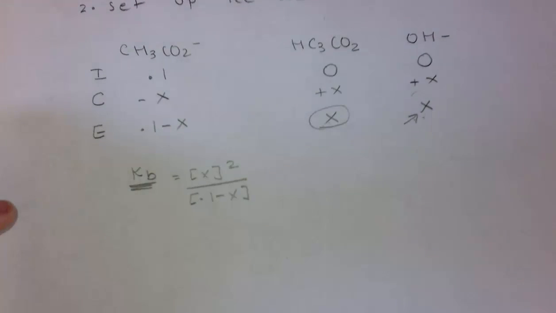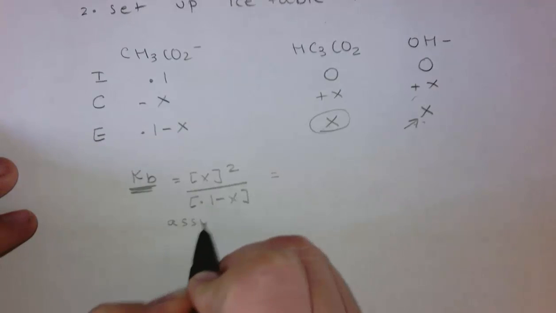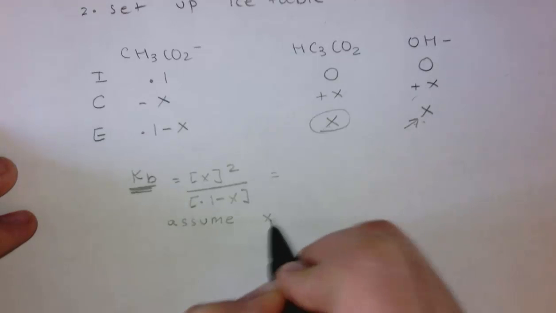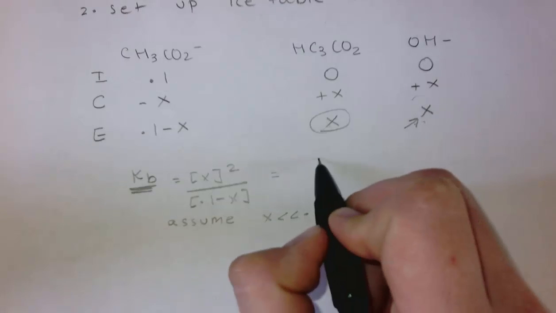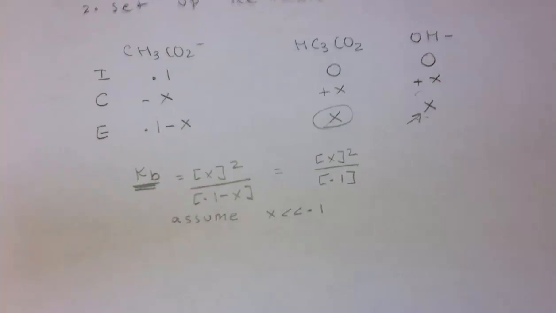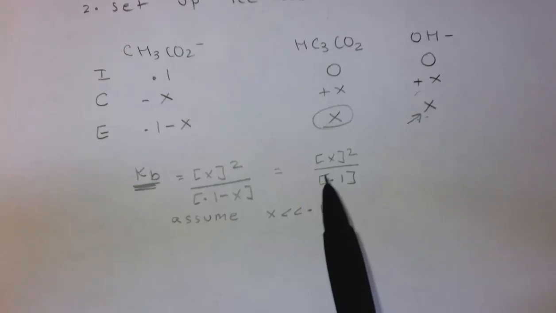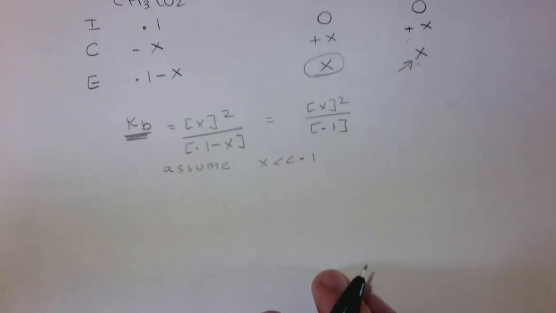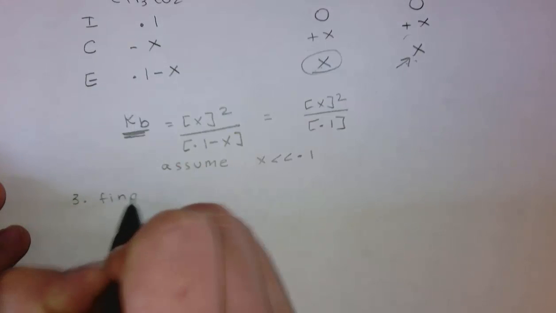And also, just a quick note, what I'm going to do is assume that x is much less than 0.1, and in that way Kb just becomes x squared over 0.1. And we always have to check that this assumption that we made is valid once we do calculate x, but this will make it so much easier to plug in to your calculators to solve for x. So really what we need to do is find what Kb is.